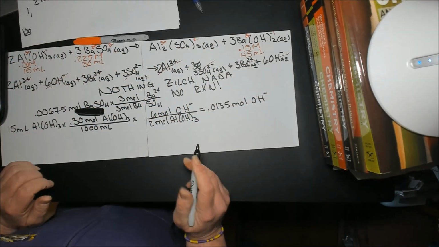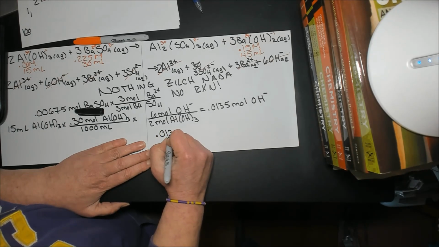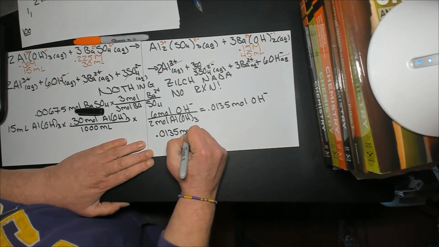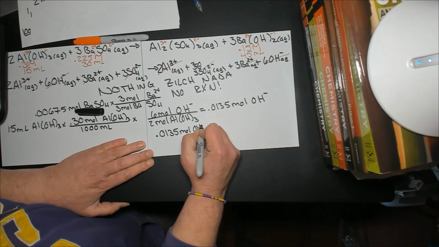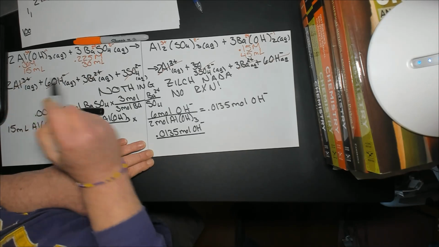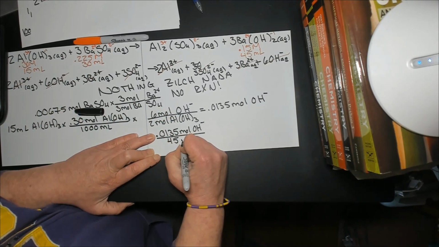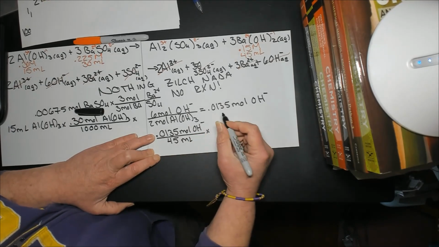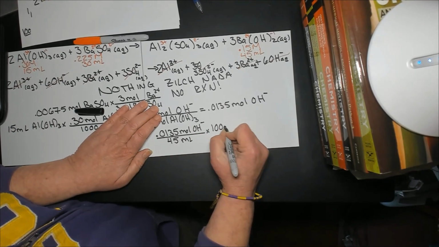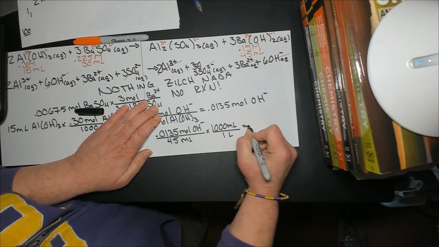So let's do the final. So I have 0.0135 moles of OH minus per, well, I'm combining those two solutions, so per 45 milliliters, and now turn that into liters. There are 1,000 milliliters in 1 liter solution.